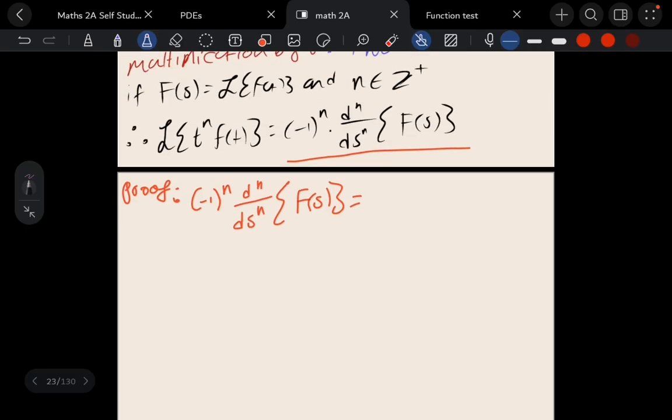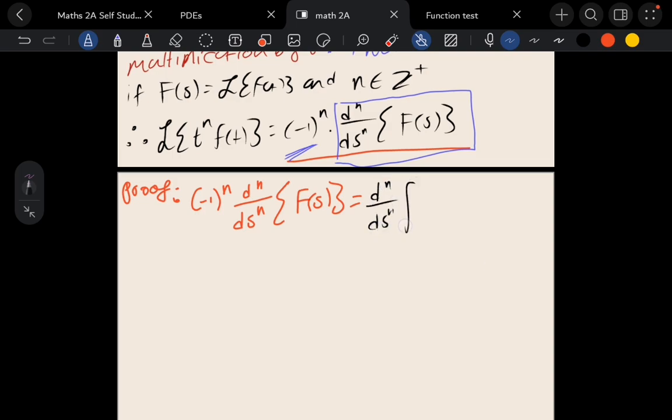We are going to prove it using only this part, because it's going to confuse you if we include the other part. So how would you prove it? We are going to say d^n over ds^n of the integral from 0 to infinity of e to the power negative st f(t) dt.